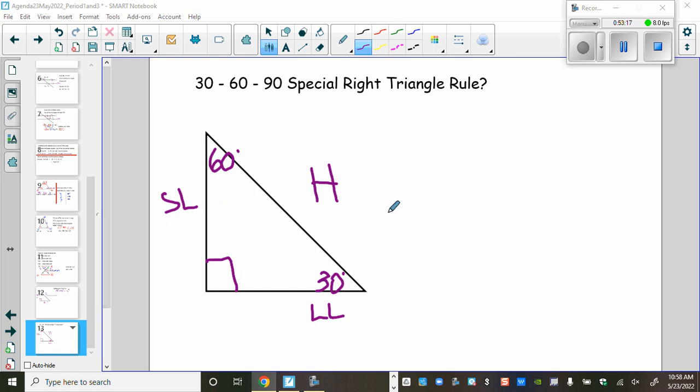Now, so here's the rule. More than likely, if you're given a hypotenuse, you want to go to the short leg, just divide by 2.